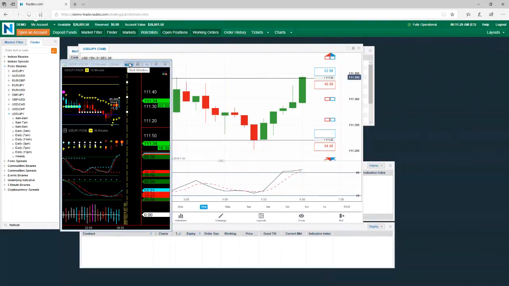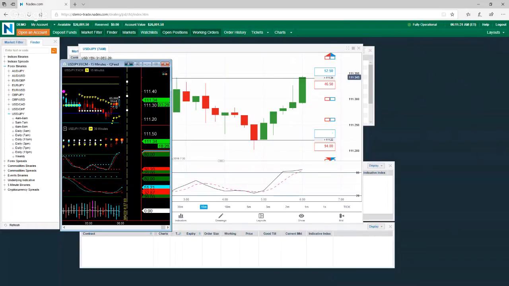I'm going to pin that there so we don't lose it. This is really where I would like to see that reversal bar come in.